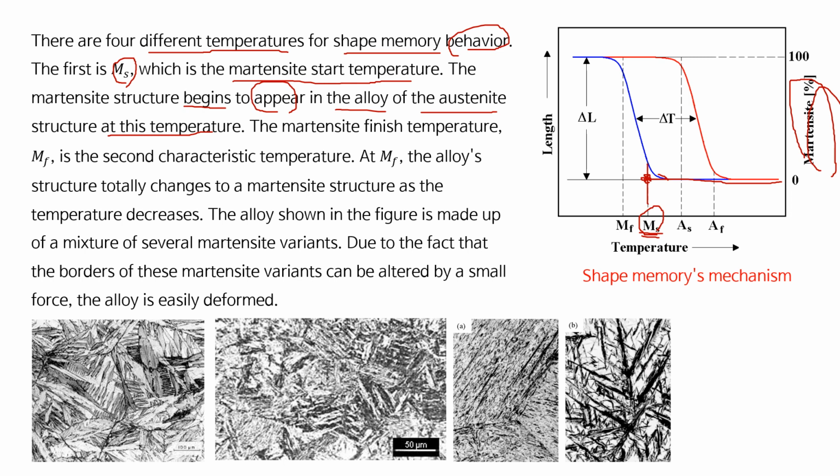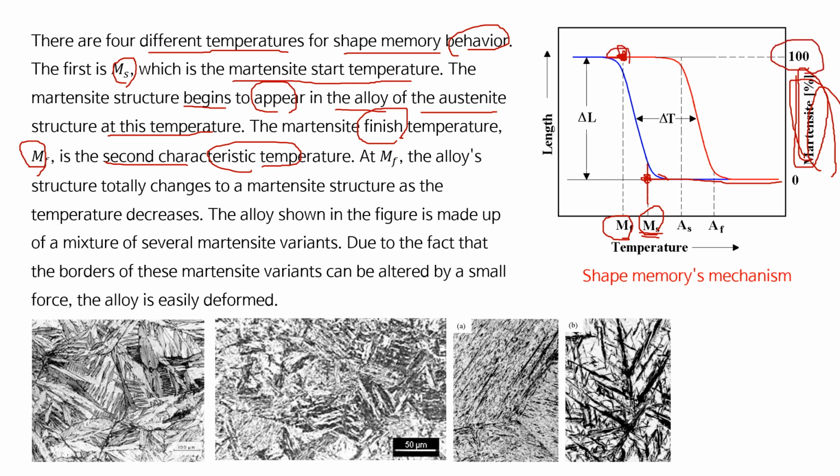The martensite finish temperature, Mf, is the second characteristic temperature. At this temperature, the alloy consists of 100% martensite structure.